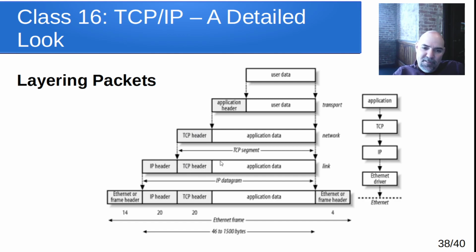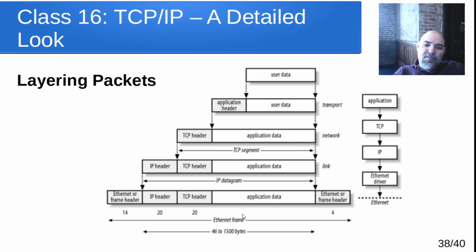It created this TCP datagram, which then has an IP header added onto it. And that gets passed down to create an IP datagram. And then that has this Ethernet header added onto the front of that with the checksum added on the end. And that's what goes across the network.